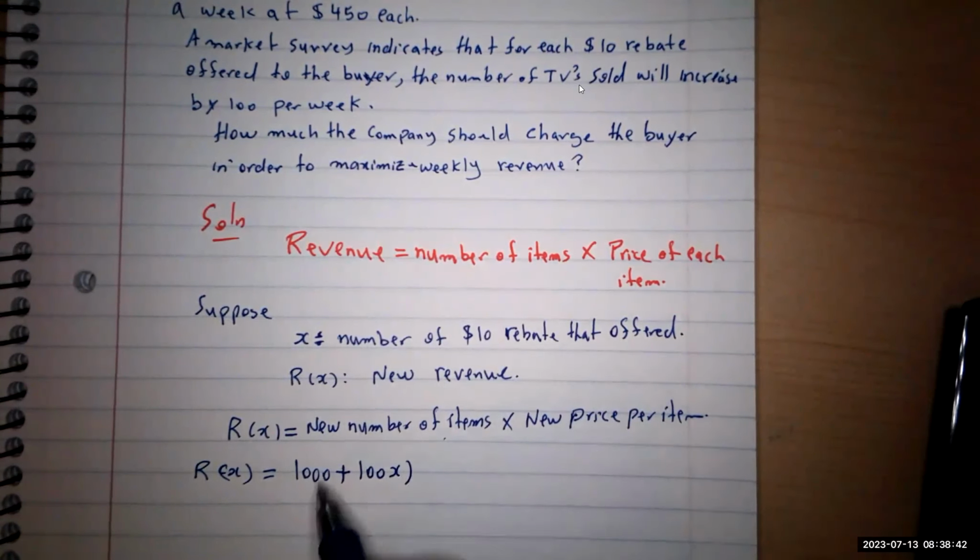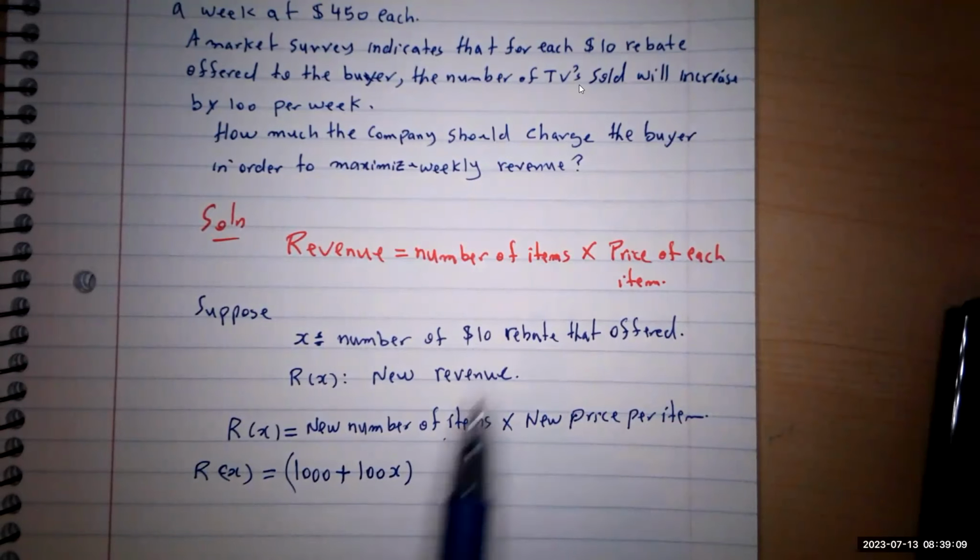This is going to be the new number of items. Any question? You have to set this up correctly. If they say it's decreased, you get a negative here. So with the original number 1,000 TVs, you get more customers, you're selling more, which means plus. How many more? 100. How many times? X number of times.